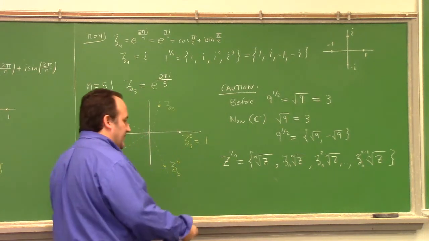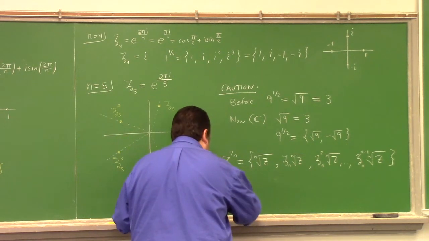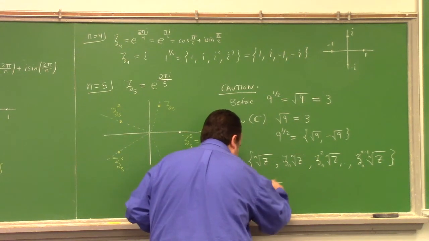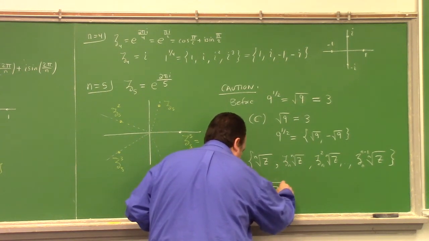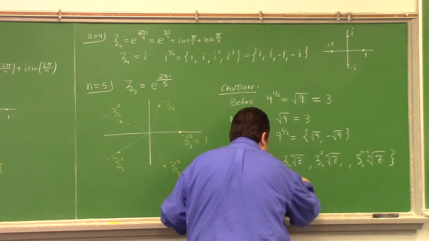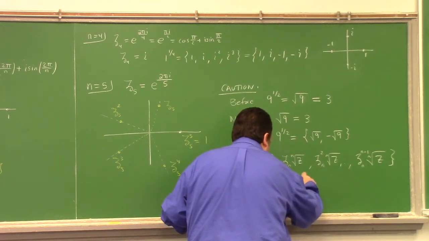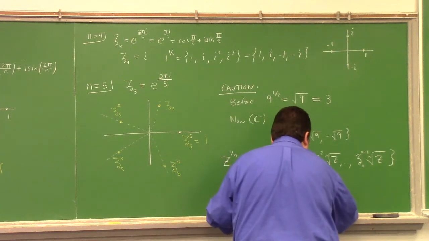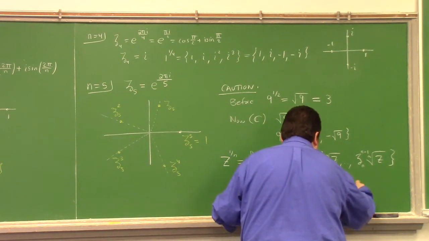And here, the principal nth root of z is defined to be the real nth root of the length of z, and then e to the 2 pi i theta over n, where theta is the angle of z.